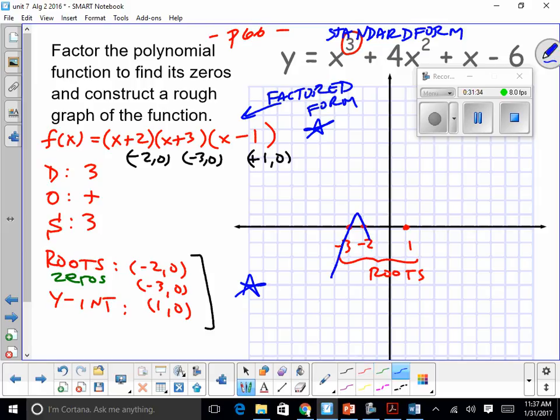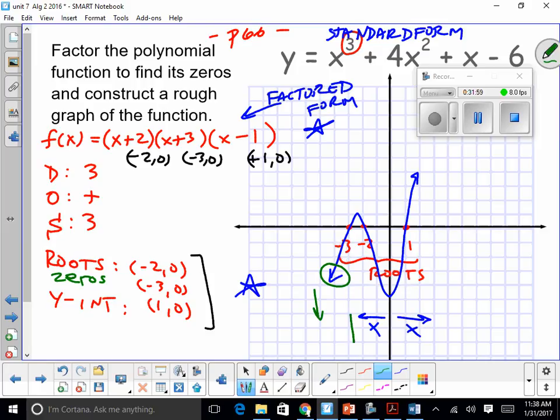When you go to the left and to the right, you're going to write what x is doing. In this picture, as I go to the left, the arrow points down. So when I go to the left, what is the arrow doing? When I go to the right, what is the arrow doing? So that's step one.